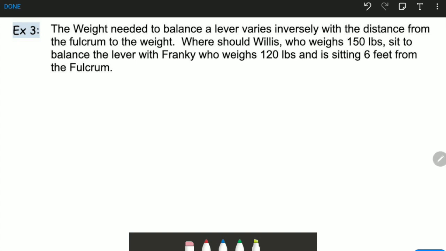So first of all, if you don't know what it's talking about, it's essentially talking about a seesaw, the fulcrum being the balancing point, and one of them is sitting 6 feet from the fulcrum. We're looking how far Willis should be sitting to balance out with Frankie.